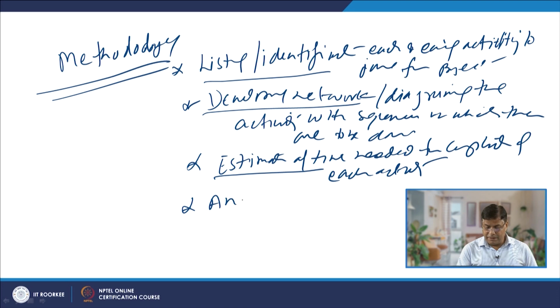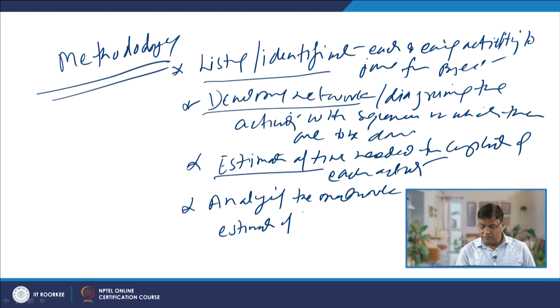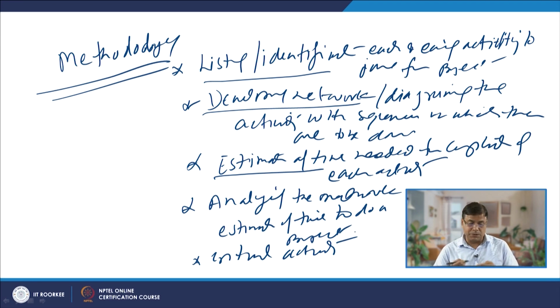And then analyzing the network. When the network is analyzed, it shows the estimate of the time to do a project. What are the critical activities? Means activities which cannot be delayed. If they are delayed, then the entire project will be delayed. So, it gives the estimate of the time required for completion of the project and identification of the critical activities which must be given enough attention.